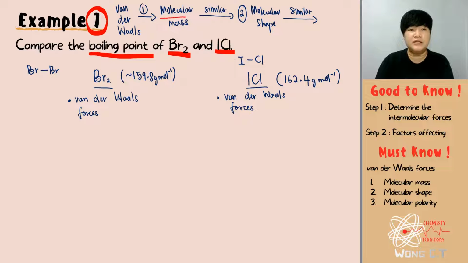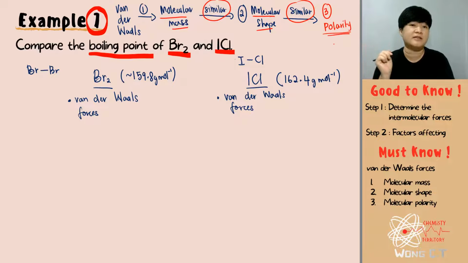And when the molecular mass is similar and molecular shape is also similar, guys, we don't have any other factor. The last one will drop on the polarity of the molecule. So in this question, we cannot talk about molecular mass, we cannot talk about molecular shape, but we can talk about the polarity between your Br2 and also ICl.